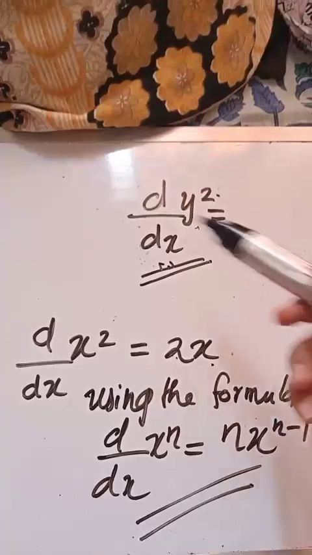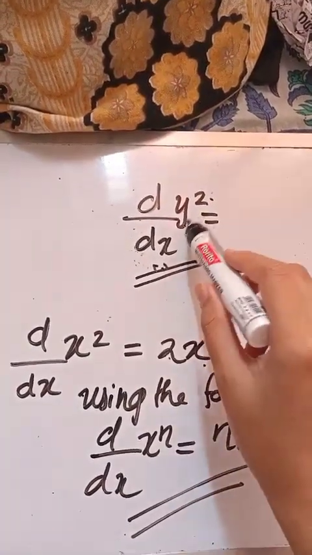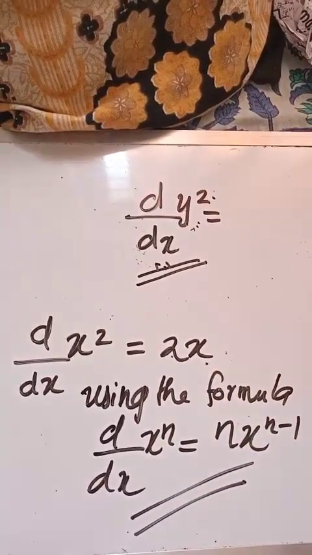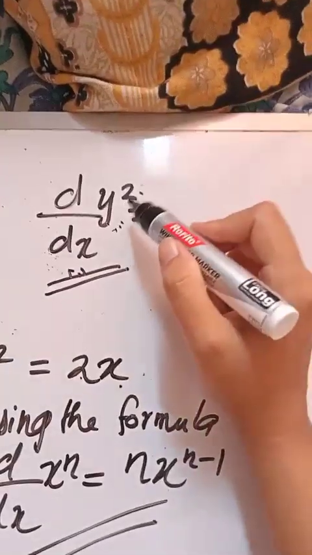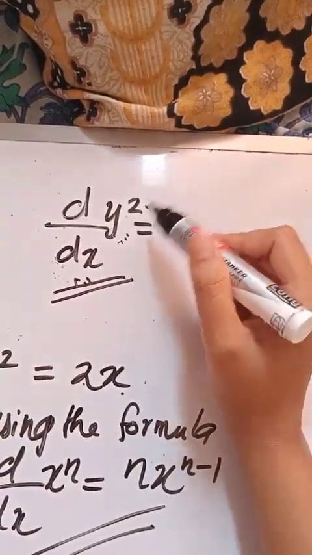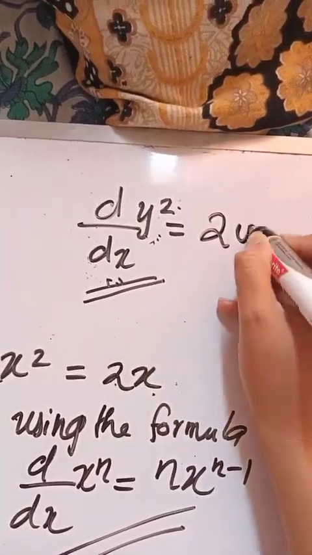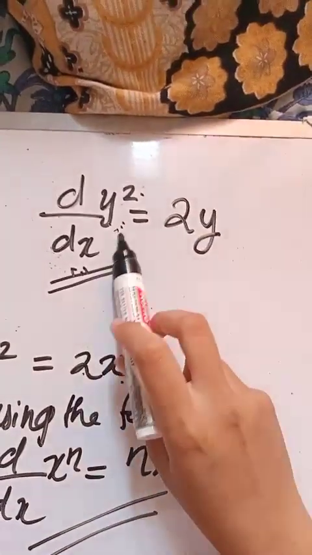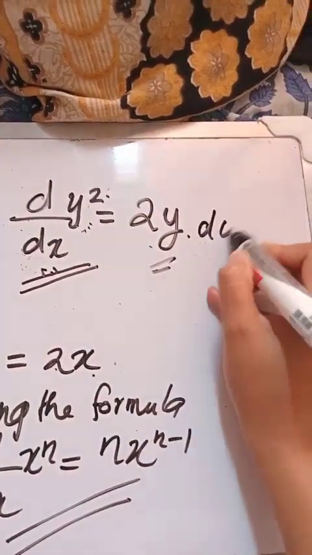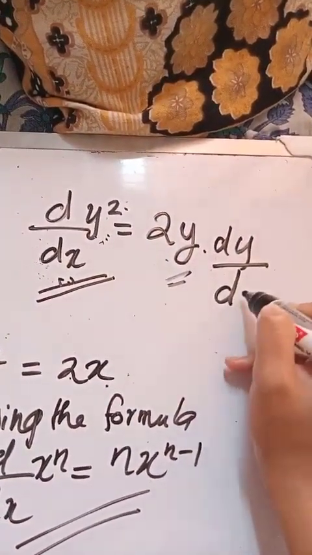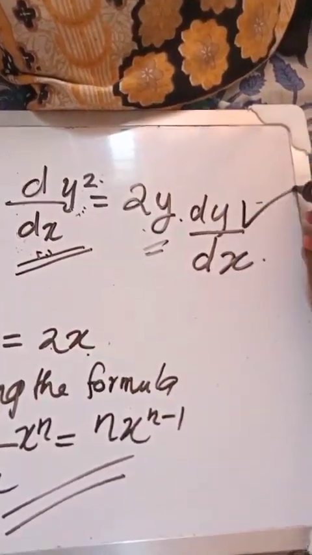So we first differentiate y square, and then once more we differentiate y. So let's see. d by dx of y square will be equal to 2y. So we differentiated y square, then we again differentiate y, giving dy by dx. So this is the answer.